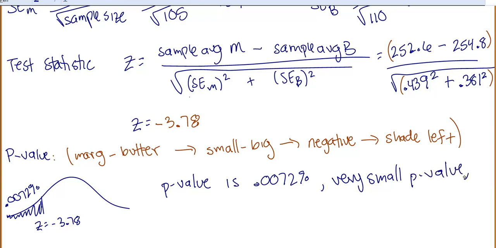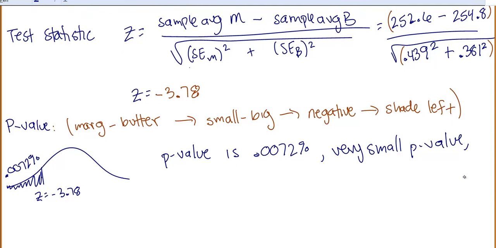When I say it's a small p-value, I'm just saying it is very small. Specifically, it is smaller than 1%, because we wanted to use 1% as our cutoff for this problem. So we will reject our null.